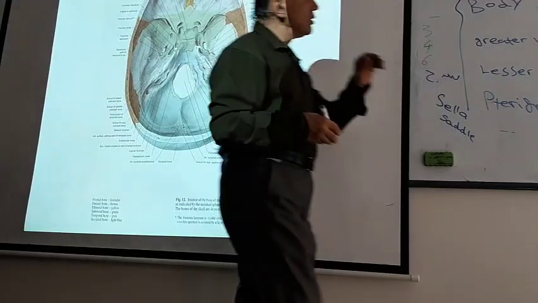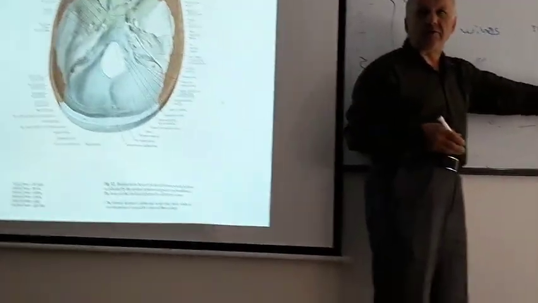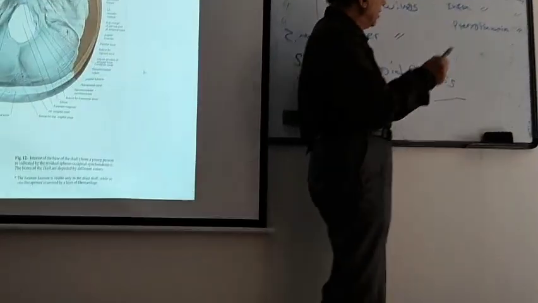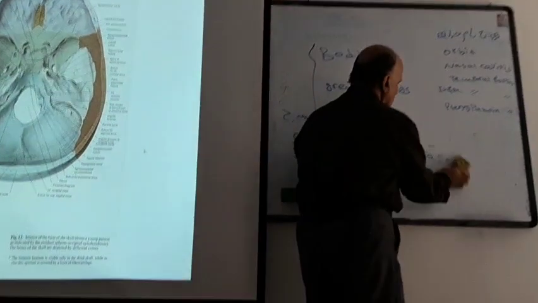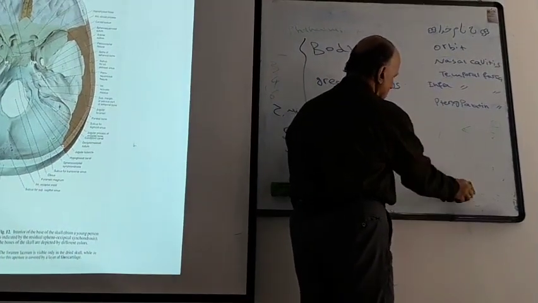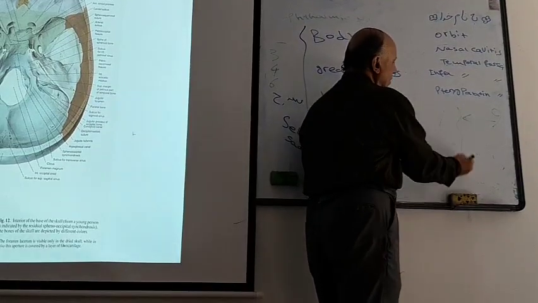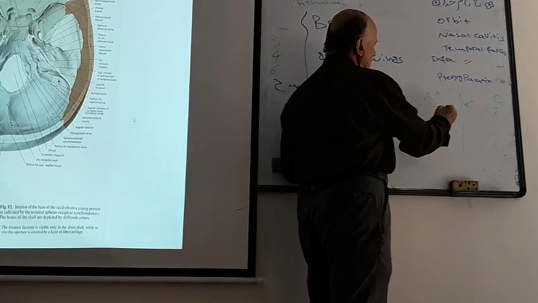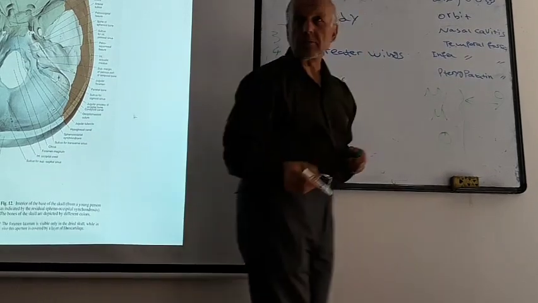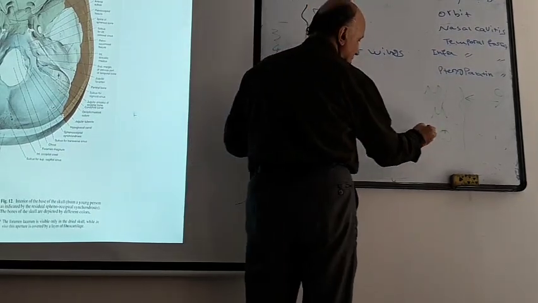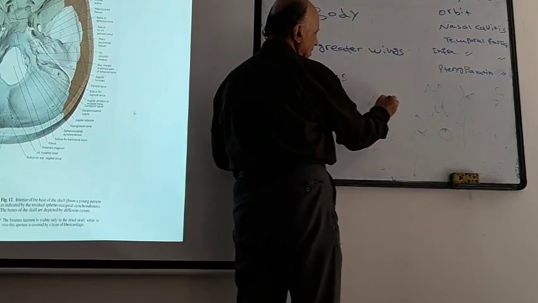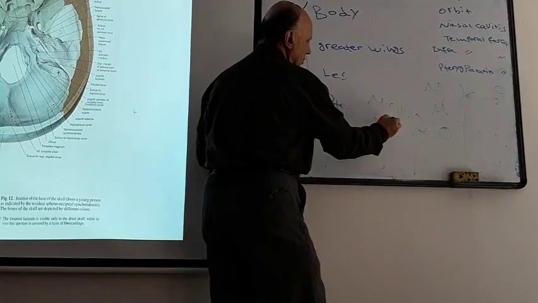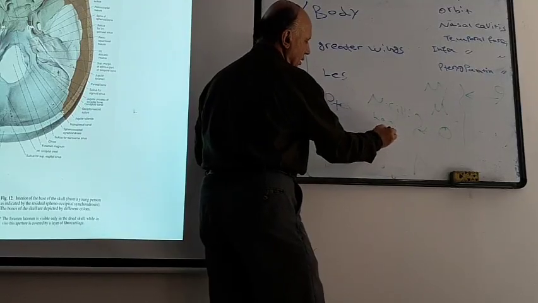No, I told you here we have 9 nerves. You learn now. What's the 9? Trigeminal has 3 branches: maxillary, mandibular, ophthalmic. Ophthalmic has three branches: nasociliary, lacrimal, and frontal.